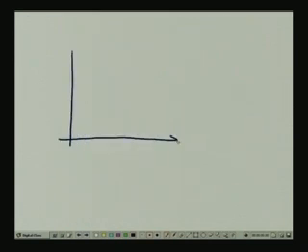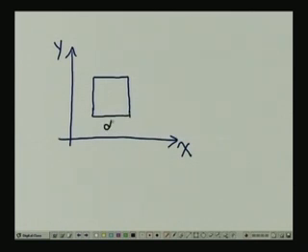Let's say we have got a 2-dimensional element like this. This is our x direction and that is our y direction, and the x dimension of the two dimensional element is dx and the y dimension is dy.